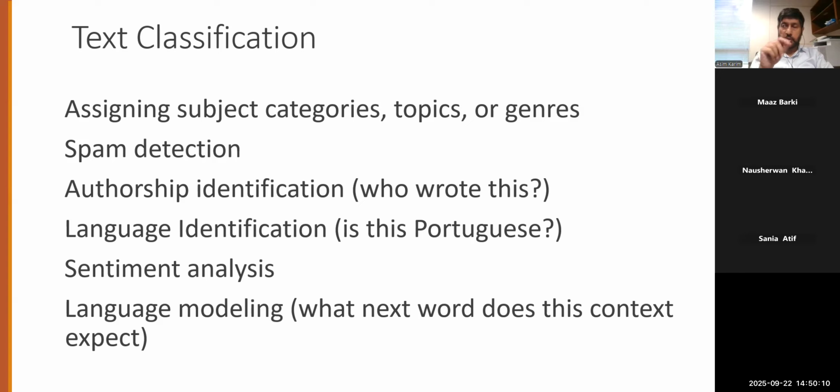This is the basis of language modeling, which will start in a couple of lectures. What is the most likely next word that would appear given a particular context? That's also classification: from all possible words, what is the best next word that follows a given context?